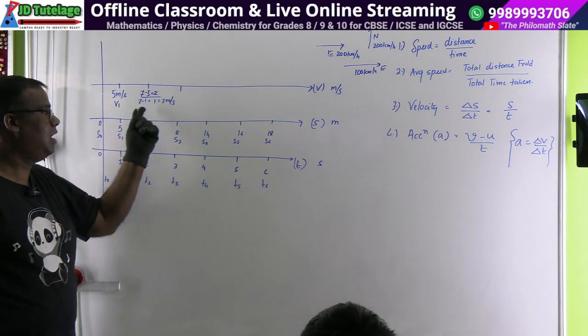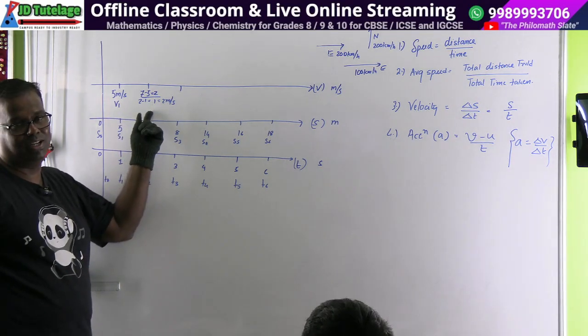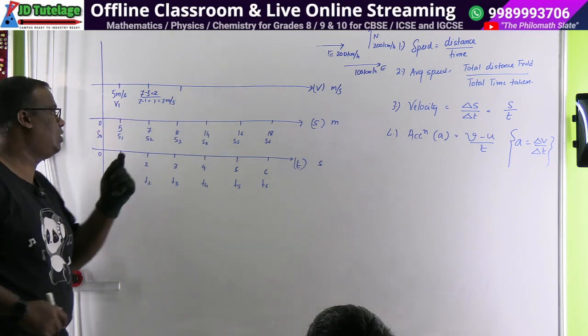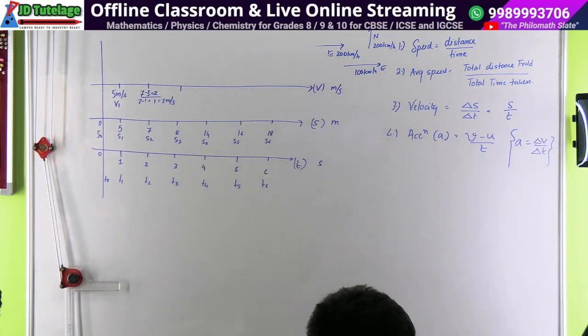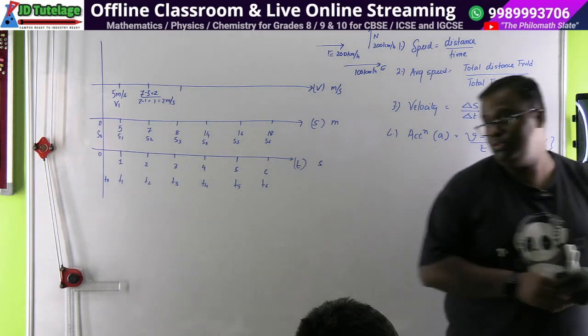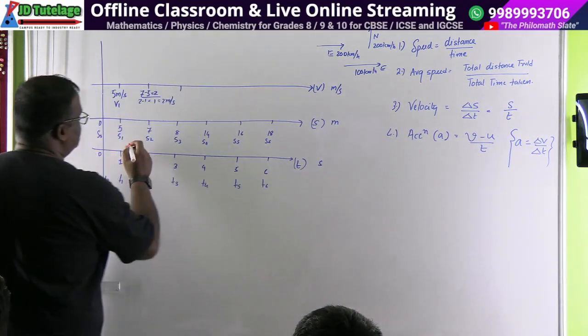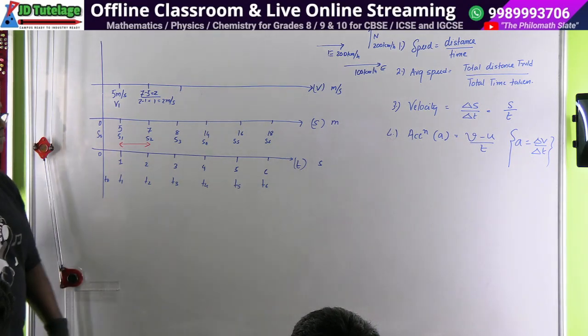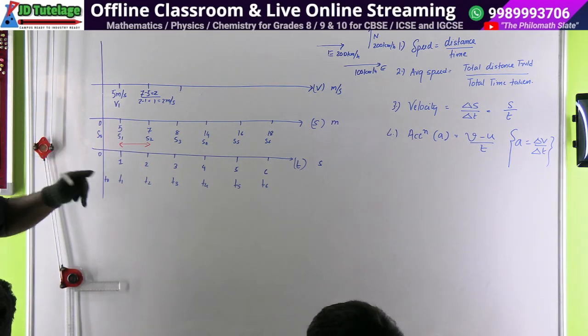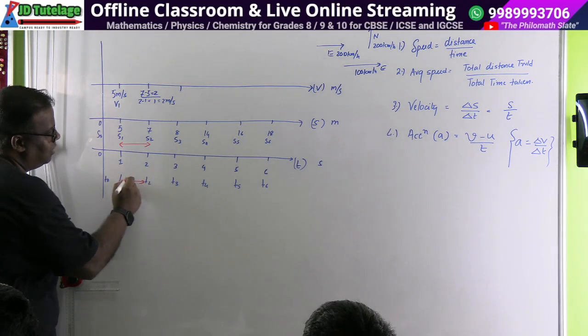आप कहां से कहां डेटम ले रहे हो उसके ऊपर डिपेंड करता है. See, if you are concentrating on only this gap, okay, children, try to understand. If you are concentrating on only this gap, then what is your S2 minus S1? 7 minus 5, 2. What is your T2 minus T1? 1.